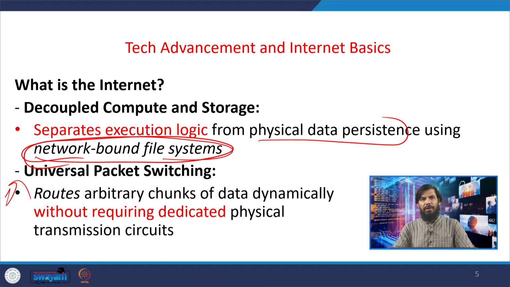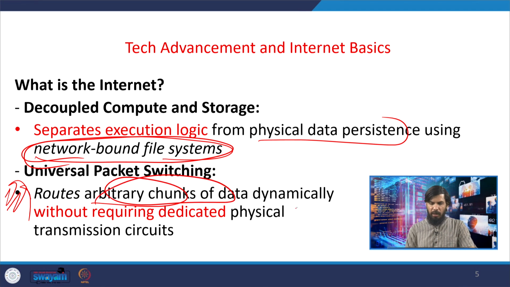So, therefore, the network is able to support lots of data transmission that might happen between computational nodes, right. So, universal packet switching is important in terms of managing the data traffic across the network. It routes arbitrary chunks of data dynamically without requiring dedicated physical transmission circuits.